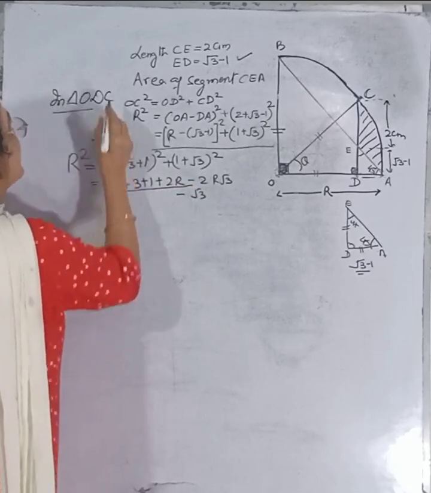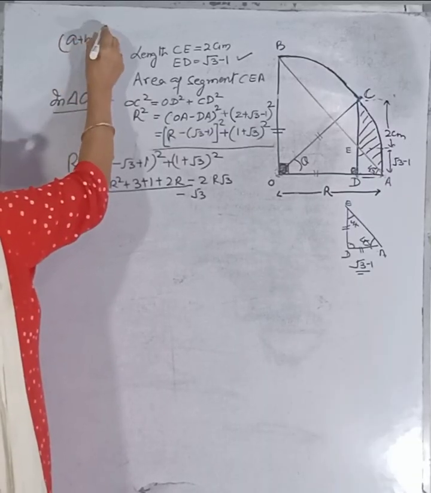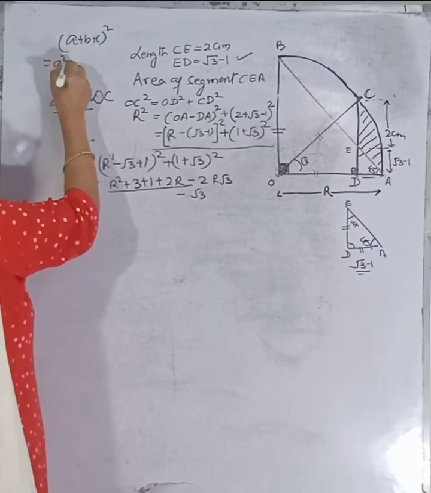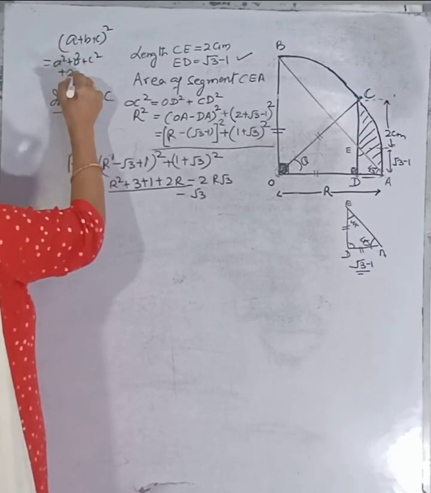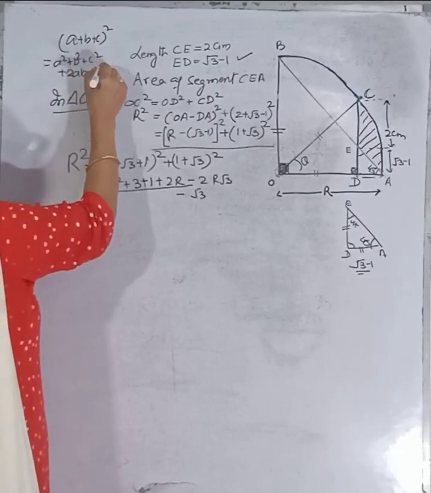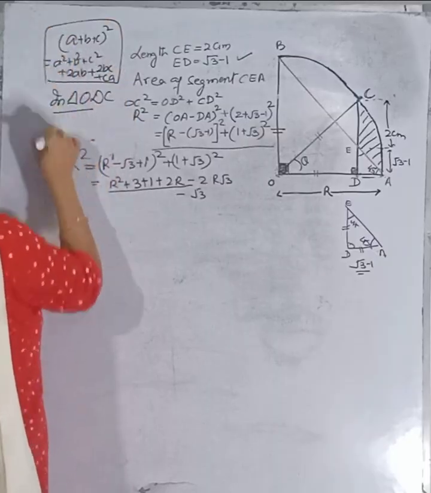We know that A plus B plus C whole square can be written as A square plus B square plus C square plus 2 times AB plus 2 times BC plus 2 times CA. This formula is applicable here.